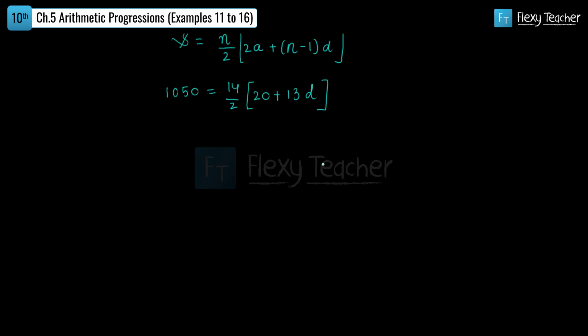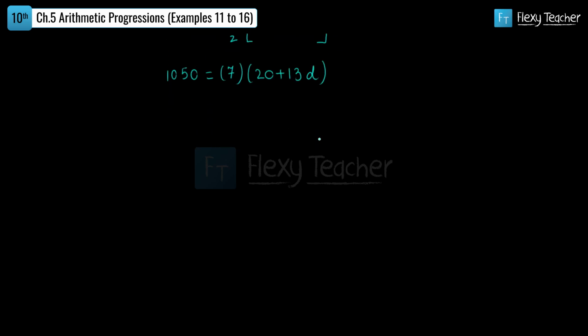Okay, so this is 1050 is equal to 7 and this is 20 plus 13d. Okay, so 1050 is equal to 140 plus 91d.